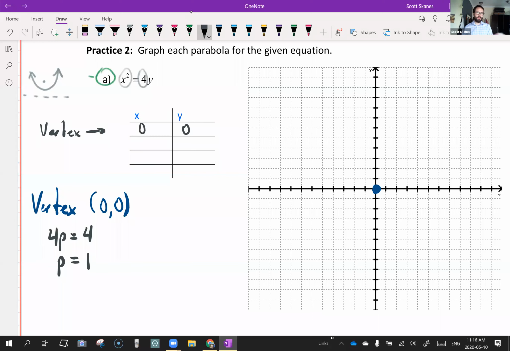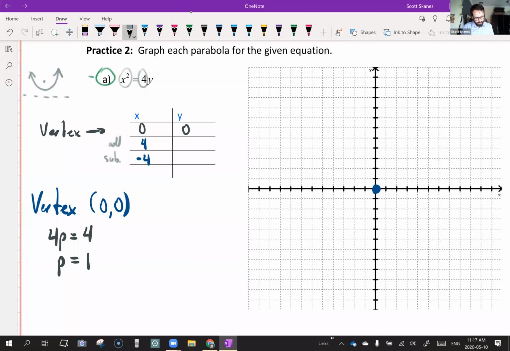You can choose any point. I'm going to choose to go over by 4 and left by 4. You'll notice it's symmetric, so whatever you go one way, just go the other way. I'll just add 4 and I'll subtract 4 here.